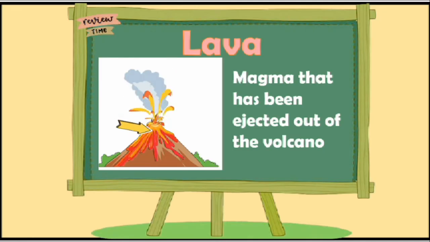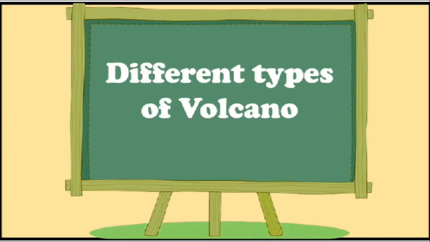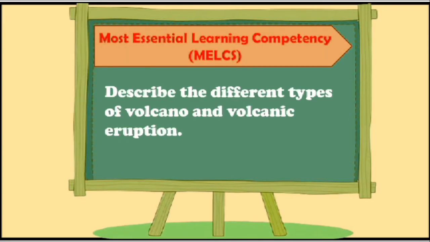Great! Now that you already remember the basics about volcanoes, let us now have our lesson for today. Our lesson for today is the different types or classification of volcanoes. This lesson addresses the following most essential learning competency: describe the different types of volcano and volcanic eruption.